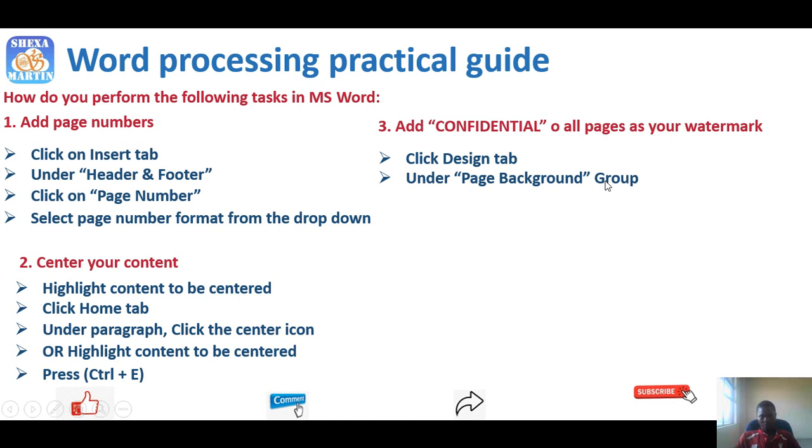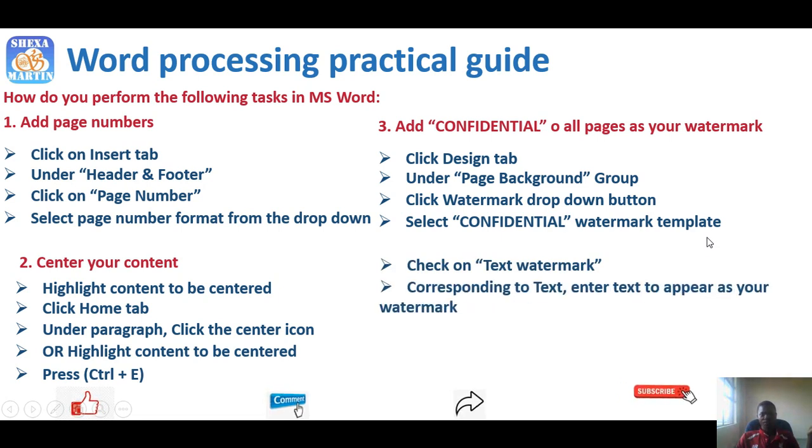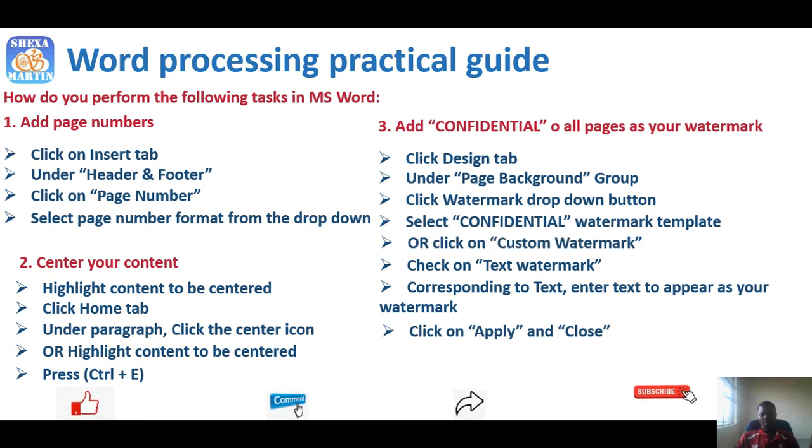Under the Page Background group, you click on the Watermark drop down command, select the Confidential watermark template which already exists, and you are done. Or you can check Text watermark, enter the text to appear as your watermark, then click Apply and Close. These are other steps.